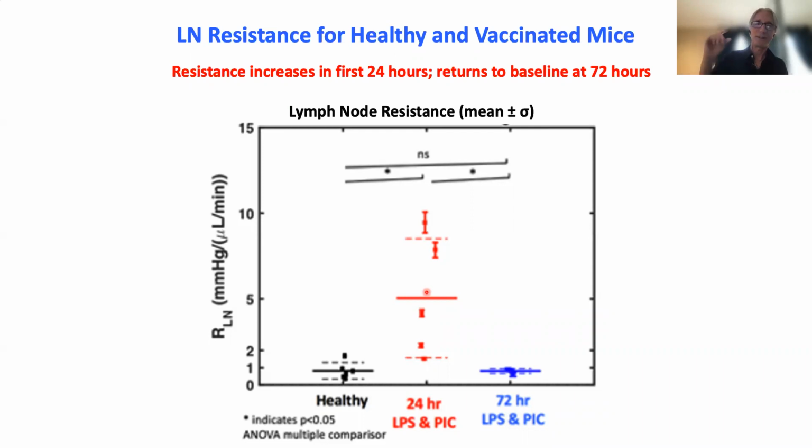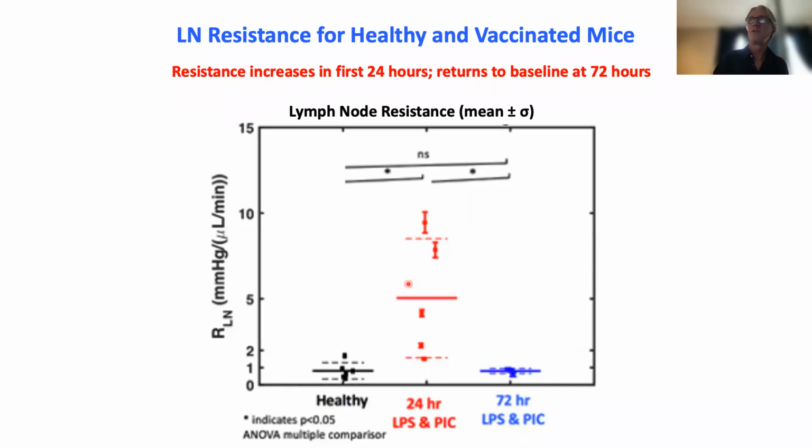And if you only have the same amount of pressure necessary, then a lot less flow goes through that lymph node. So this is an interesting and quite striking change in flow resistance. And within 72 hours, it's back down to its baseline level. And if you remember from the last slide, the lymph node is still swollen at 72 hours. So we have really different processes going on here.